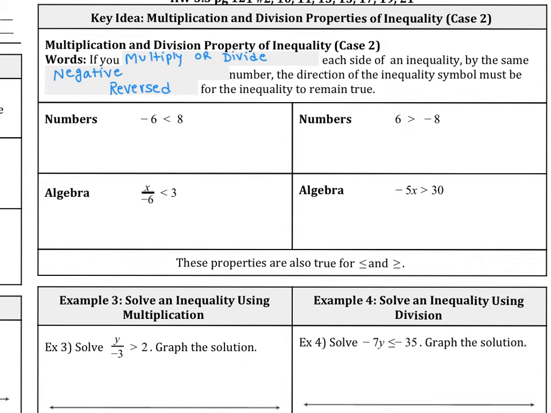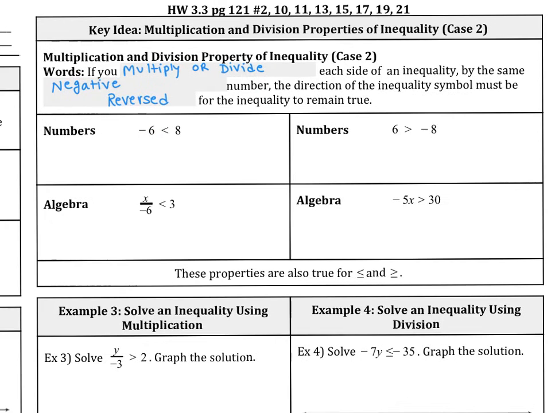Chapter 3.3, Multiplication and Division Property of Inequalities, Case 2. If you multiply or divide each side of an inequality by the same negative number, the direction of the inequality symbol must be reversed. In this case, I'm multiplying both numbers by a negative.